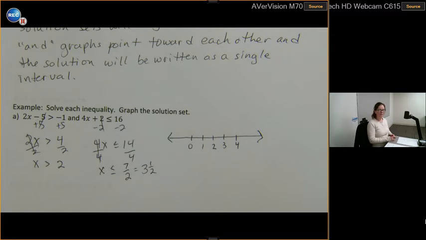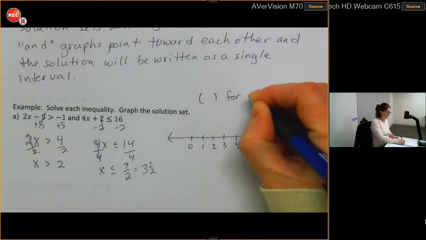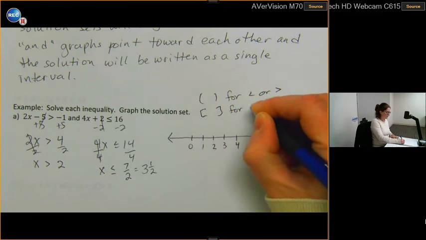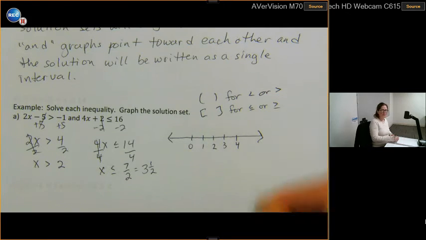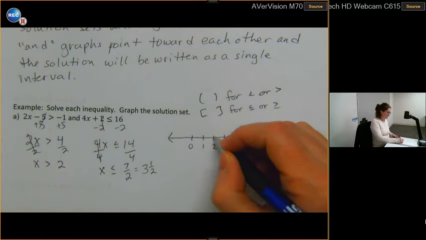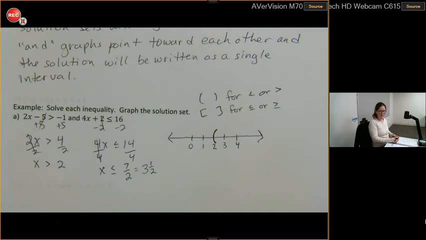When we go to graph these, we're not going to use what you've maybe used in the past, which is open and closed circles. We're going to use the interval notation symbols. We use parentheses for less than or greater than, and brackets when we have the "or equal to" under them. So x is greater than 2: on 2, I'm going to use a parenthesis opening to the right, since the direction right is greater than.